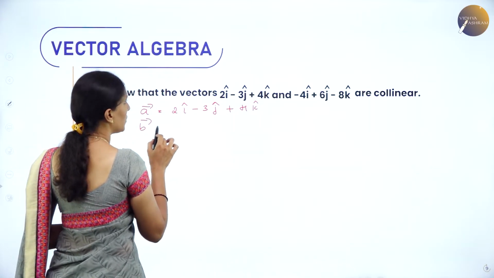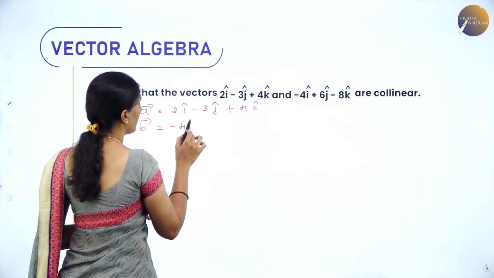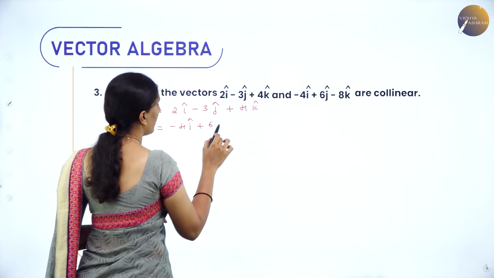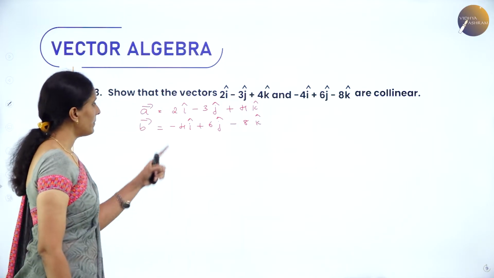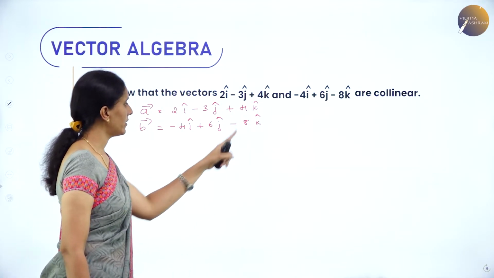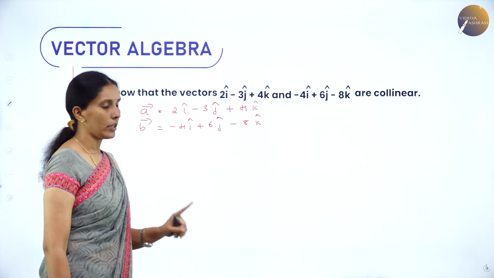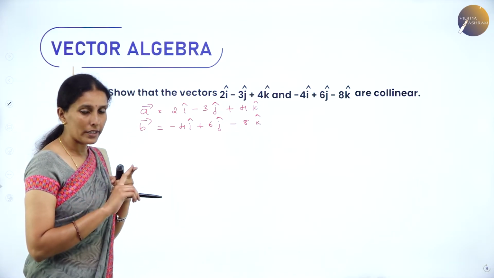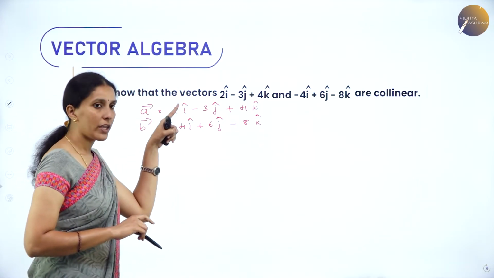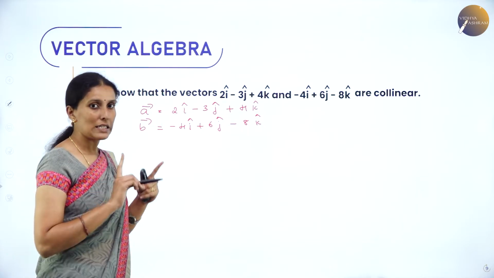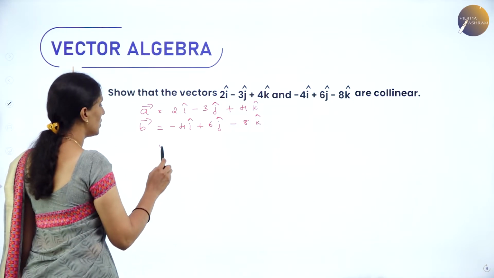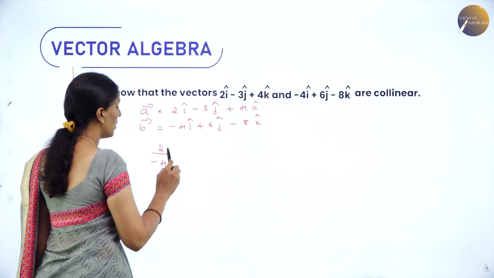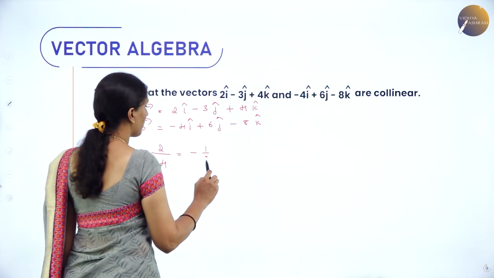Vector B is equal to minus 4i plus 6j minus 8k. Now let me take this as A1, A2, A3, B1, B2, B3. If two vectors are collinear, the ratios between their components must be equal to some scalar quantity. So let me take A1 by B1. So that is 2 divided by minus 4. So this is equal to minus half.